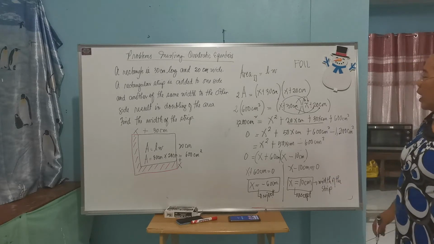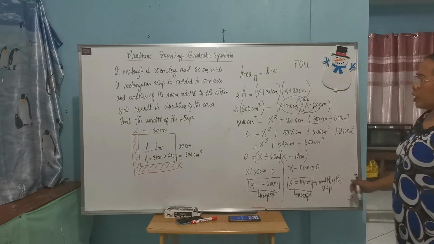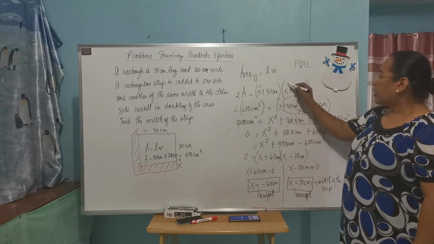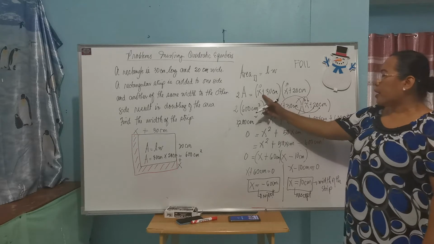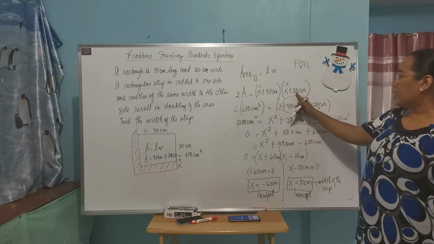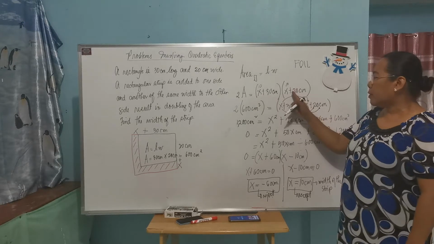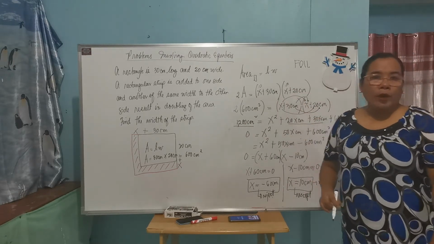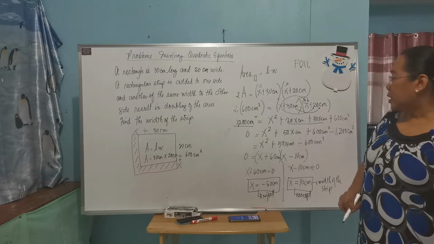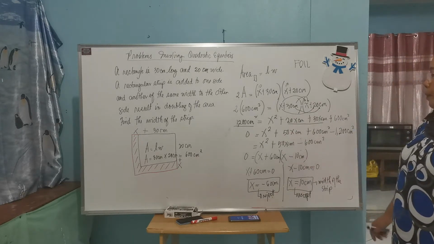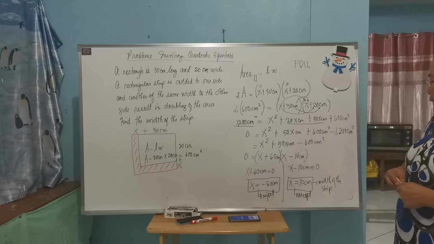If we want to check the answer, we substitute x with 10. So we have 10 plus 30 is already 40, and x plus 20 is 30. So what is 40 times 30? That would give us an area of 1,200 centimeter square. So this is the solution of problem number 1.